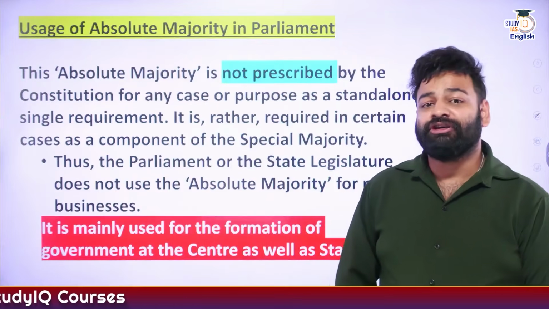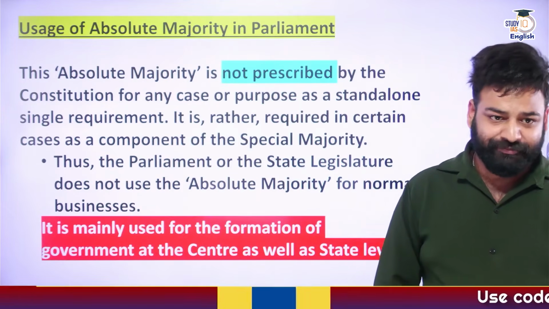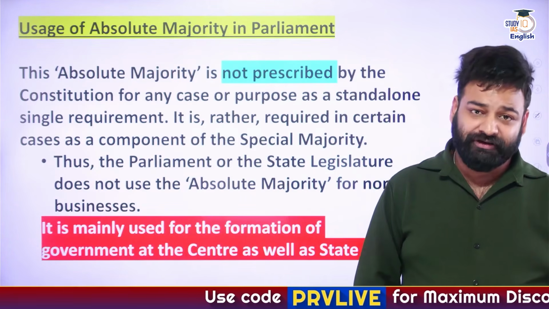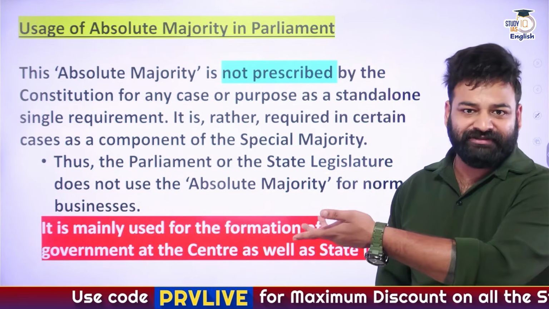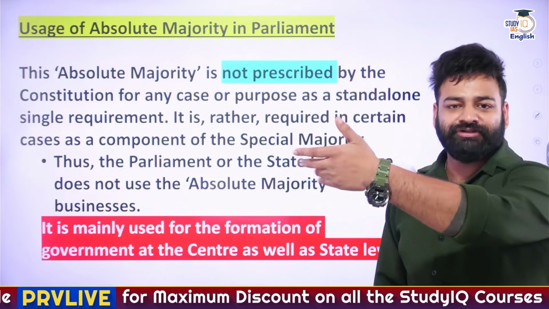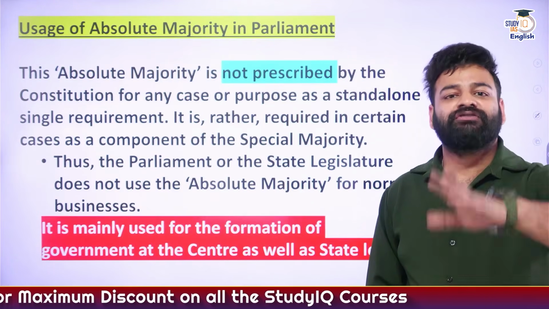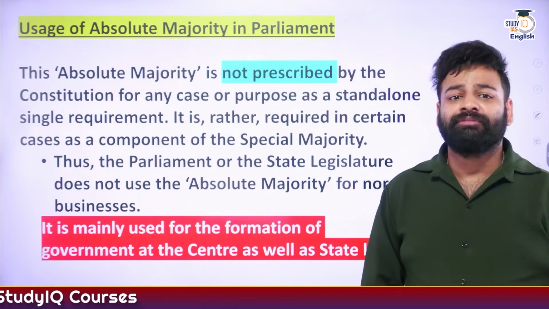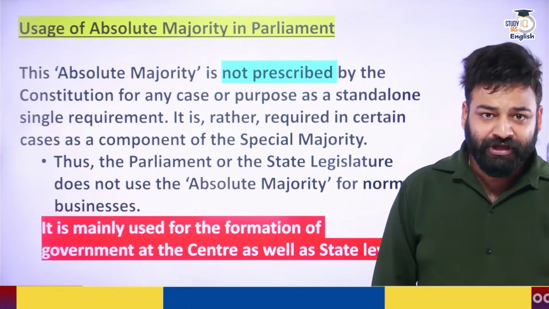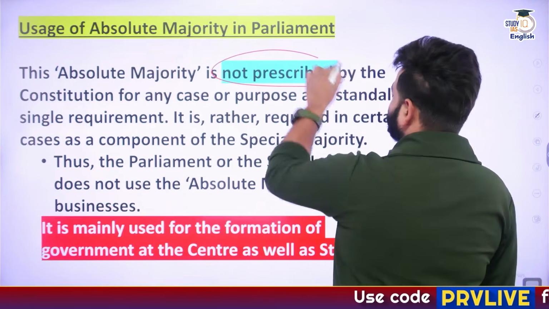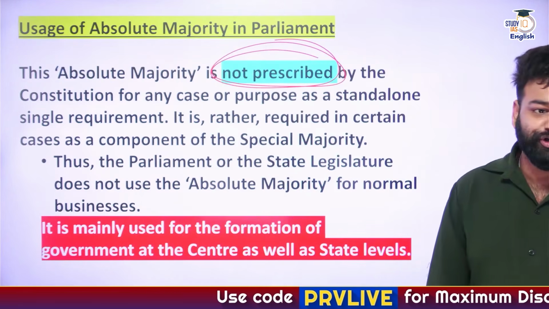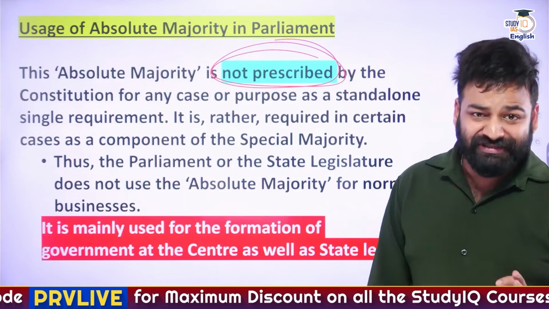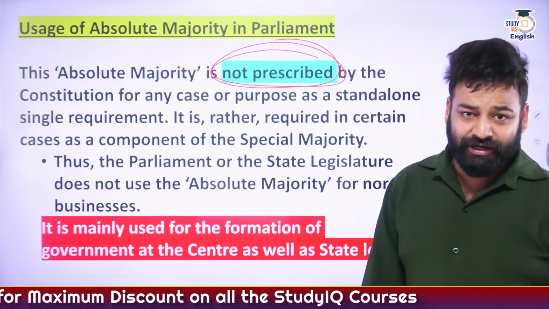Now, when you talk about the usage of absolute majority in Parliament, remember it is not prescribed by the Constitution anywhere. Previously we saw Article 100 talking about the usage of majorities. Here, absolute majority is not prescribed by the Constitution for any case or purpose as a standalone single requirement.